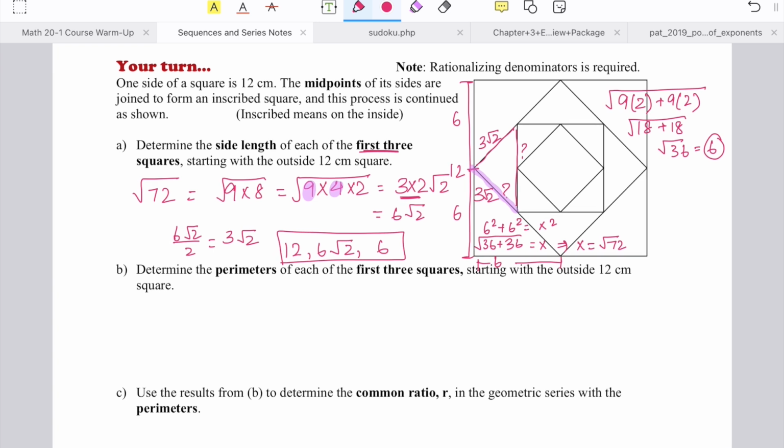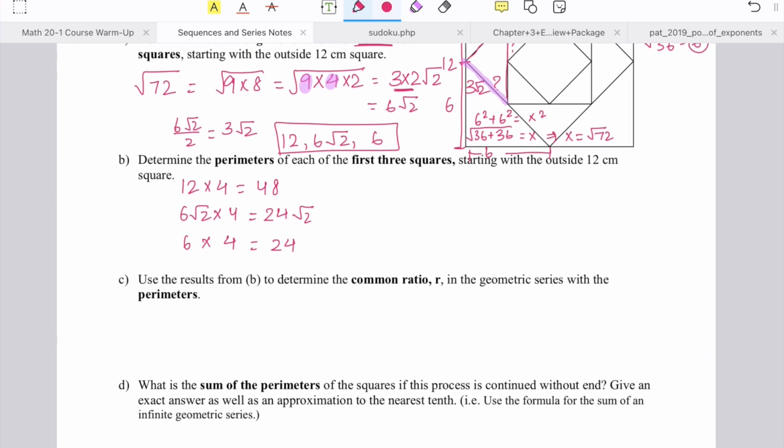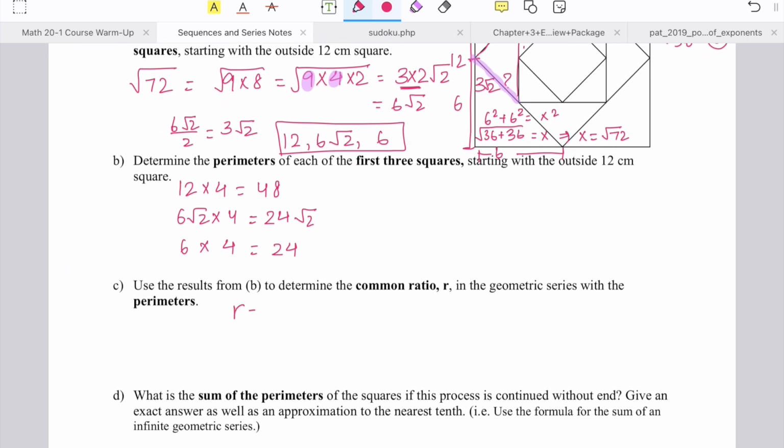The perimeters now. Perimeter of a square is 4 times the side, so 12 times 4 is 48, 6 root 2 times 4 is 24 root 2, 6 times 4 is 24, okay? So to figure out the common ratio, R will be 24 root 2 divided by 24.